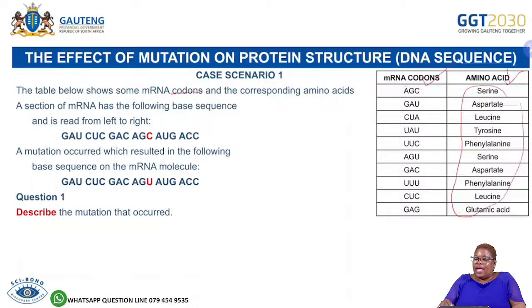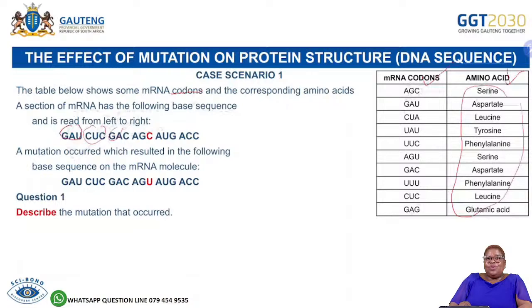Okay, so the mRNA codons are given, and we are even given the names of those amino acids, right? So a section of mRNA has the following base sequence and is read from left to right. These are triplets. We call them triplets. We call them the codons.